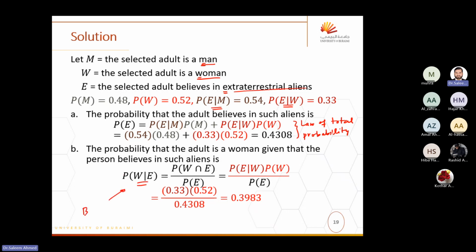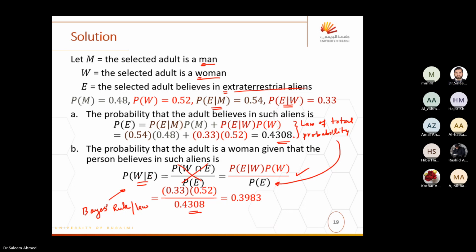So this is your Bayes rule or Bayes law, both are the same thing. You don't need to write all this; you can directly write this formula, because we know that W given E is E given W times W divided by E, and E will come from the first part, which is 0.4308. So that comes from your first question.